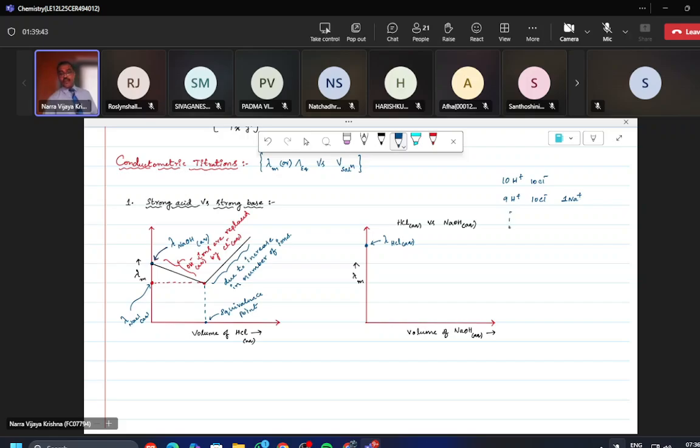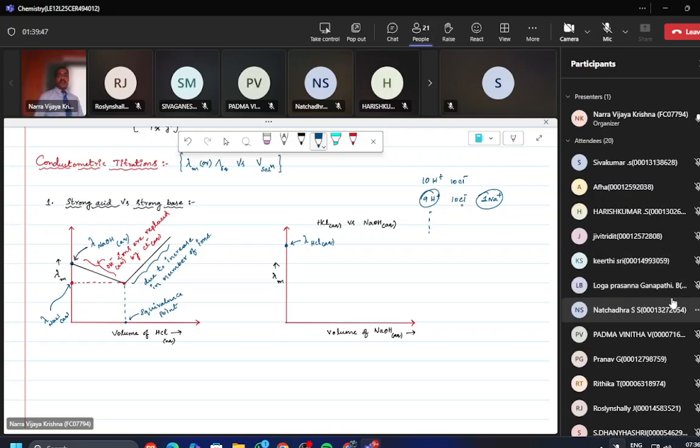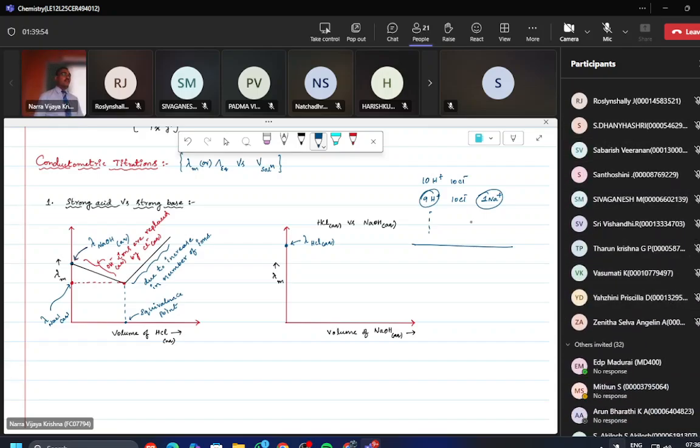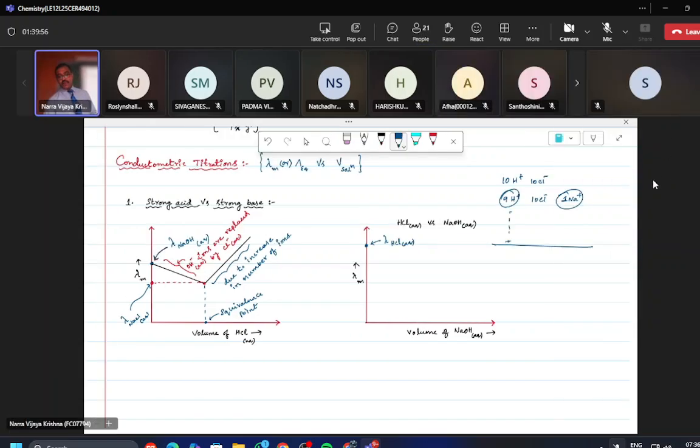If I keep on doing it, H+ ions are slowly replaced by whatever NaOH you are adding. Here H+ becomes 0, Cl- is 10, Na+ is 10. Now if I add one more NaOH, 10 remains, and now it becomes 11 Na+ and 1 OH-. Now total number of ions increases, therefore conductance started increasing. Clear?